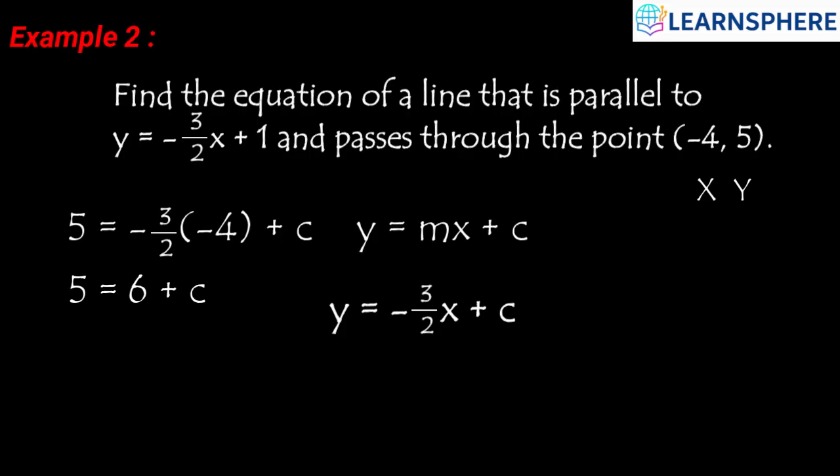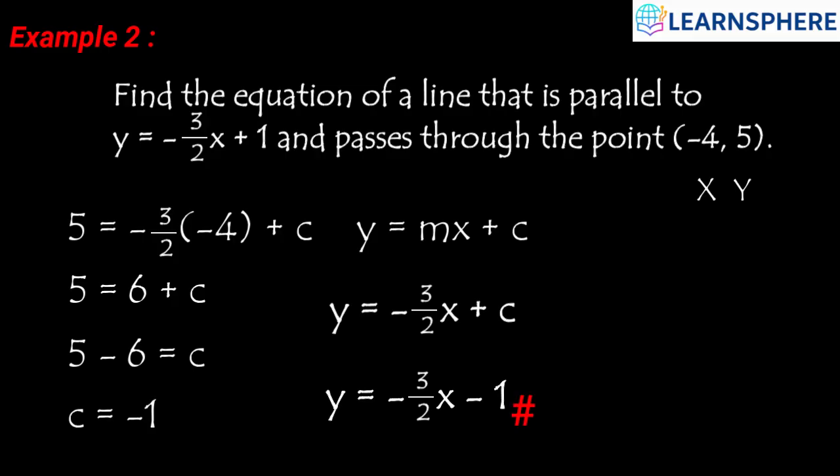And we can bring 6 over to the left-hand side, which gives us 5 - 6 = c. And therefore, the value of c would be -1. We can then substitute this into our equation, which gives us y = -3/2 x - 1 as the answer for this question. Let's go on to example 3.